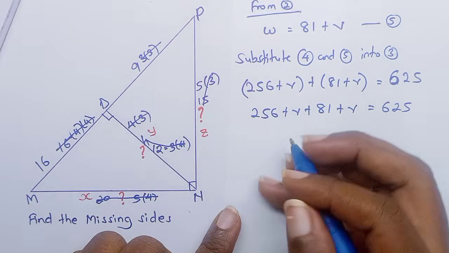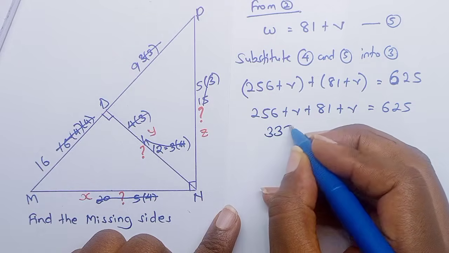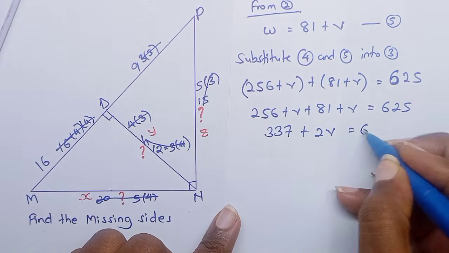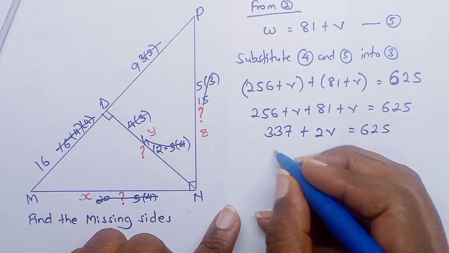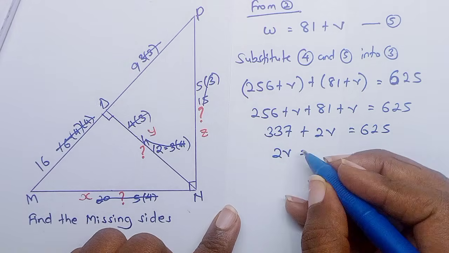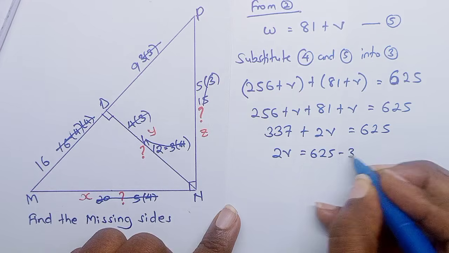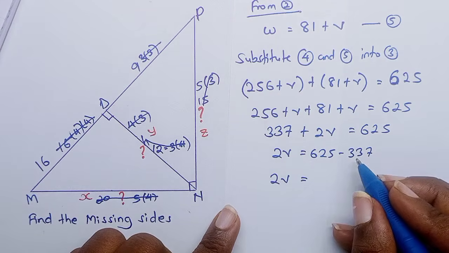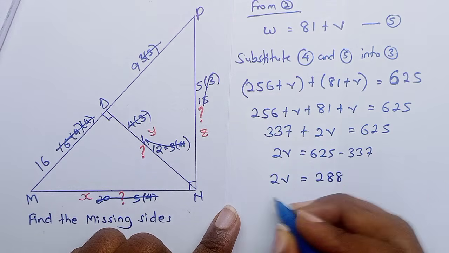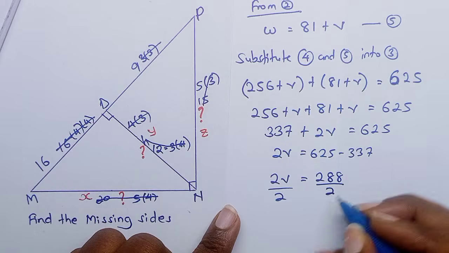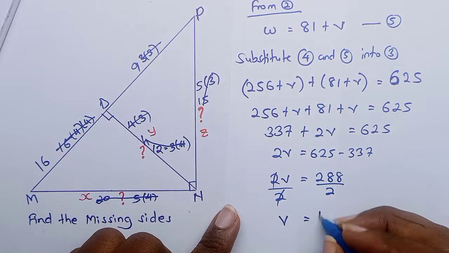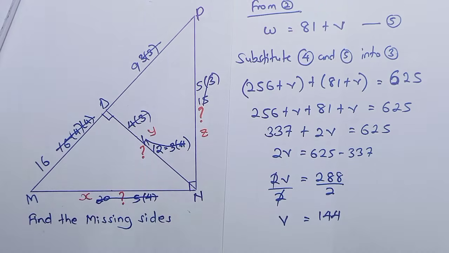So 256 plus 81 gives us 337. v plus v gives us 2v. This is equal to 625. So 2v is equal to 625 minus 337. 2v is equal to, this gives us 288. Divide both sides by 2. So v is equal to 144.